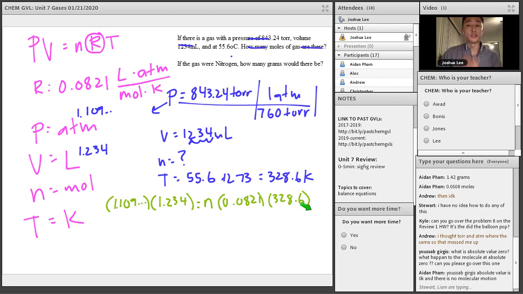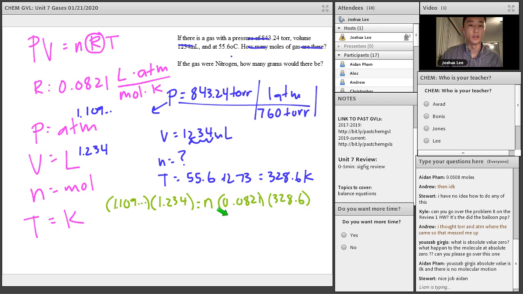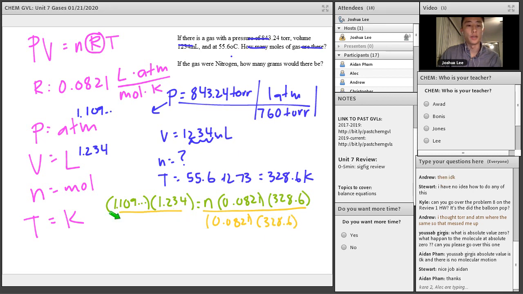Then, just a little bit of algebra. We're going to divide both sides. So I'll do the next part in different colors, like, oh, this is me solving the work. So I'm dividing both sides by 0.0821 and 328.6.